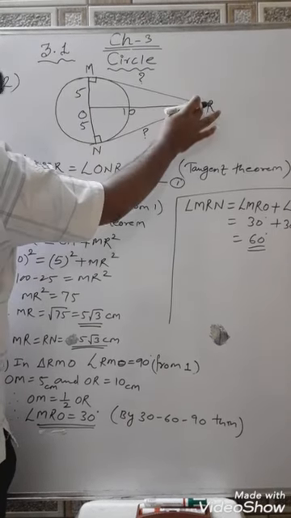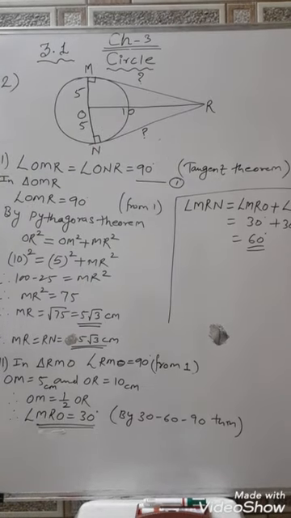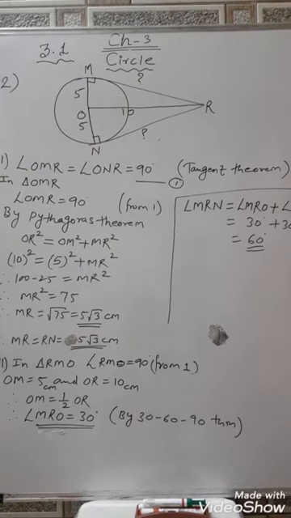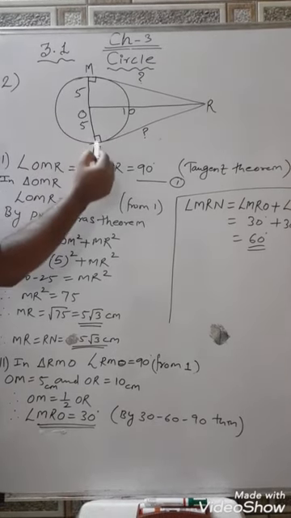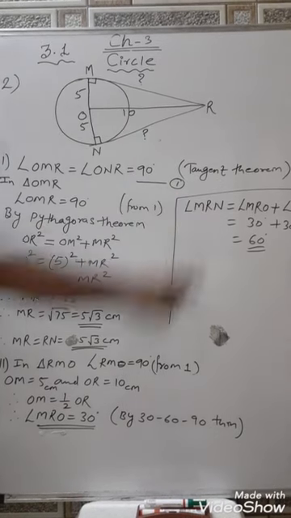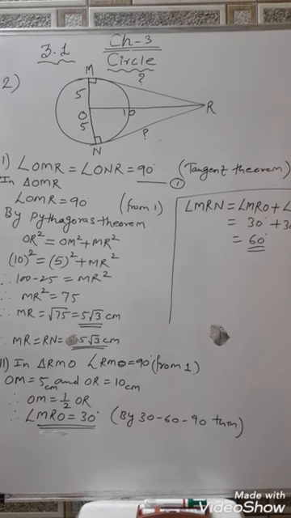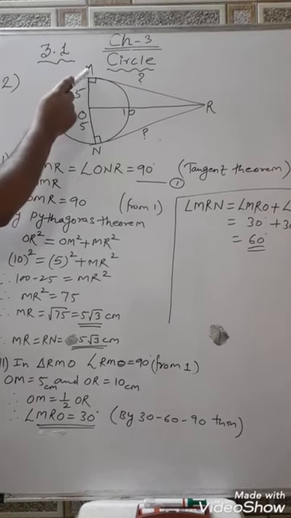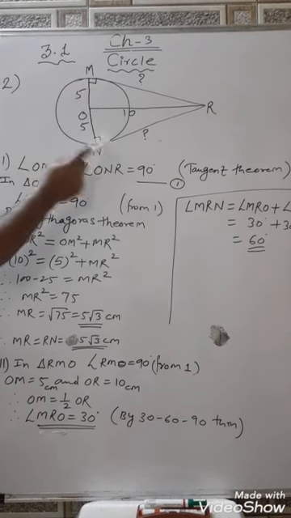So RM and RN are the tangent segments in the given figure. As we know, angle OMR or ONR is equal to 90. Why? Because of the tangent theorem. According to the tangent theorem, the line from the center to the point of contact is always perpendicular. So it forms 90 degrees.